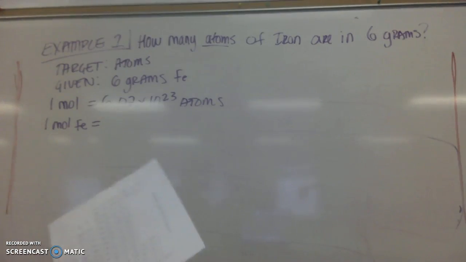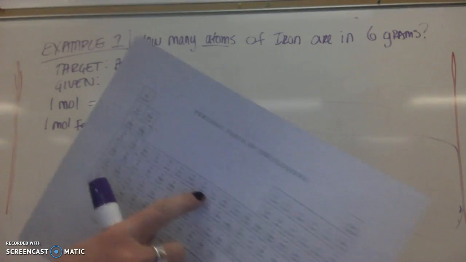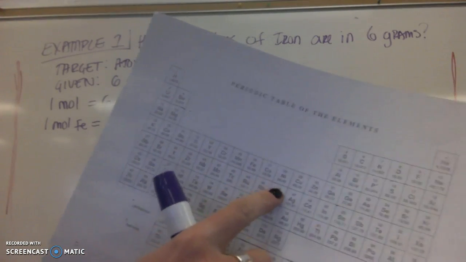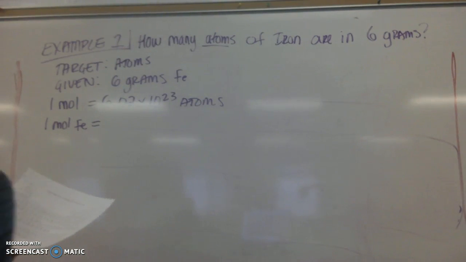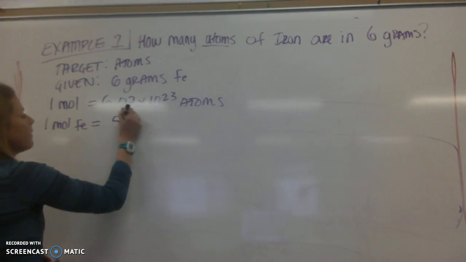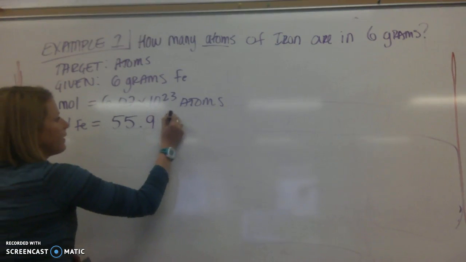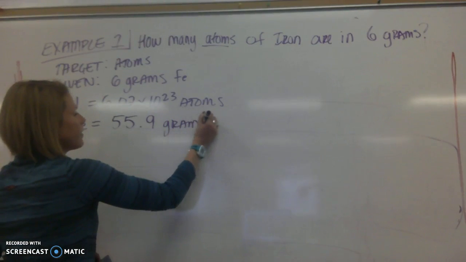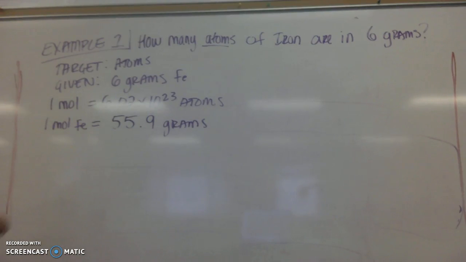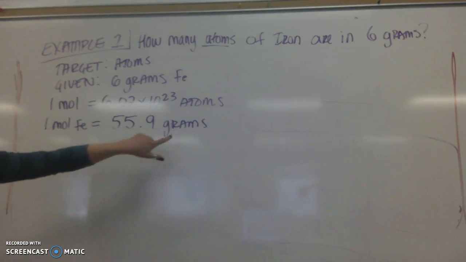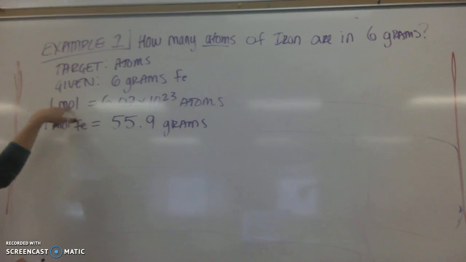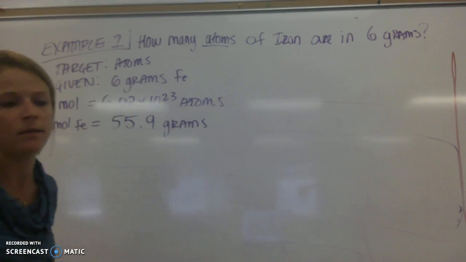I'm going to find iron on it. There's iron, it says 55.85, so I'm going to round that to 55.9 grams. So now I've got my target units, which are atoms. I also have grams, so I'm going to go from grams to moles, then moles to atoms.